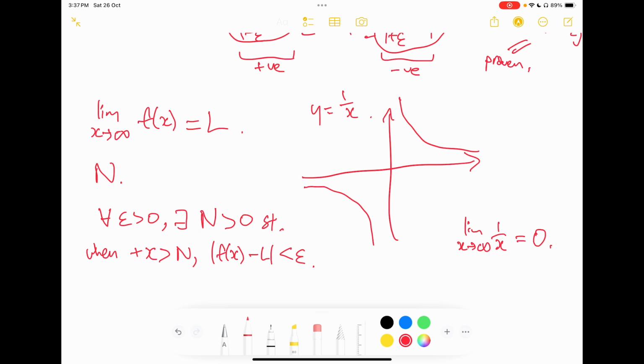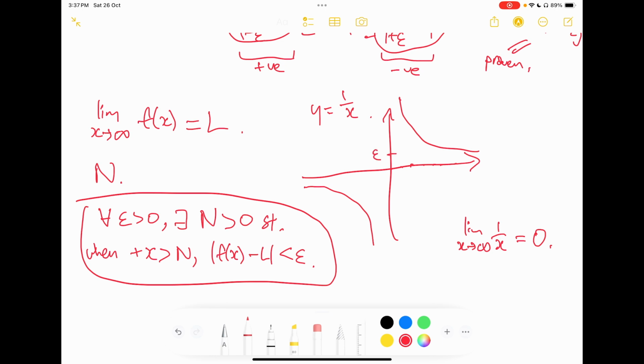Basically, what this definition is trying to say is that, okay, so we have 0 and we have epsilon, right? Basically here.